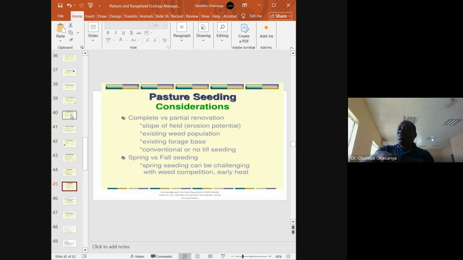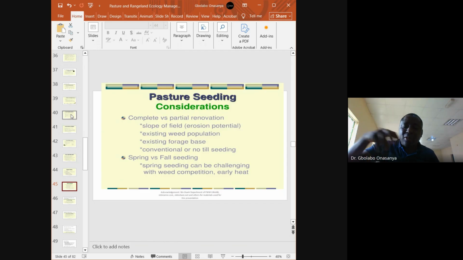And when we are doing pasture seeding, the following are the things we have to take into consideration. Are we doing complete seeding or partial seeding, complete renovation or partial renovation? It depends on the impact of grazing on the pasture land, or rangeland, so to speak.